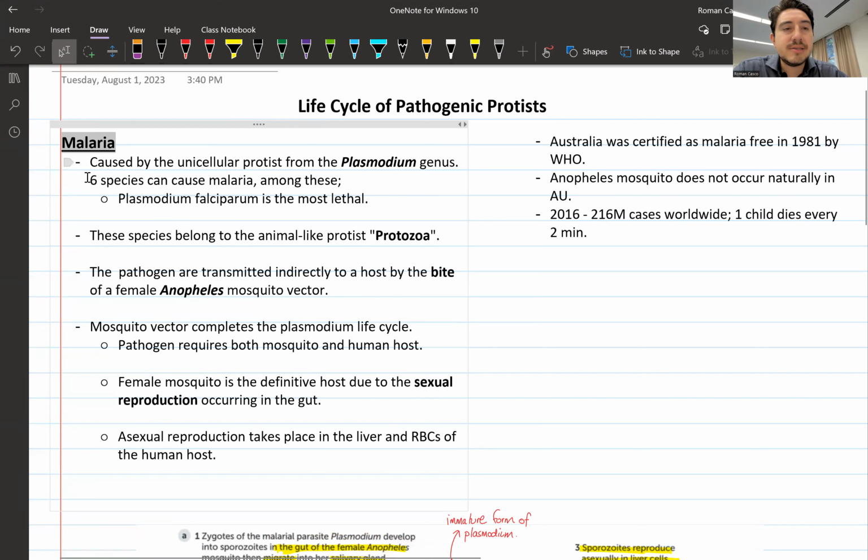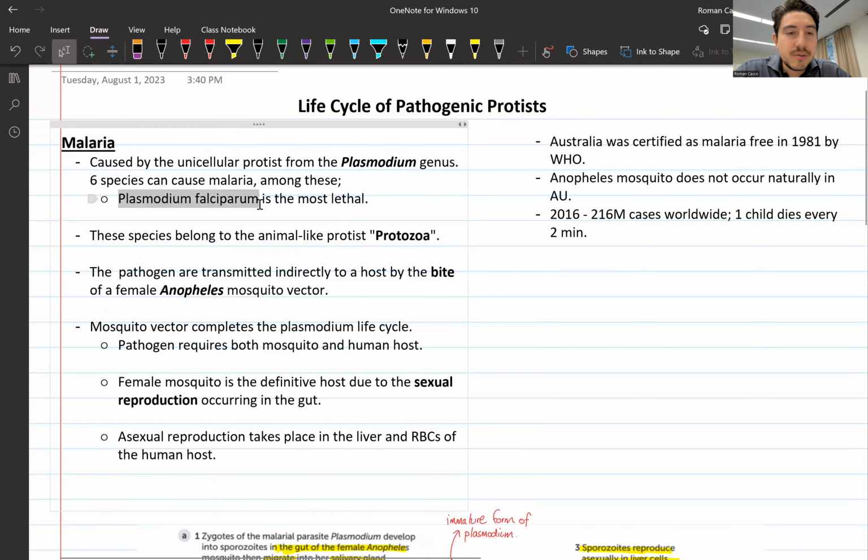It's a disease caused by a protist from the Plasmodium genus. So many species of Plasmodium can produce this disease, right? But of the Plasmodium species, 6 species, I don't want to say many, 6 species, right, can cause malaria.